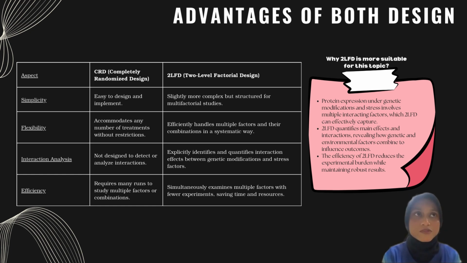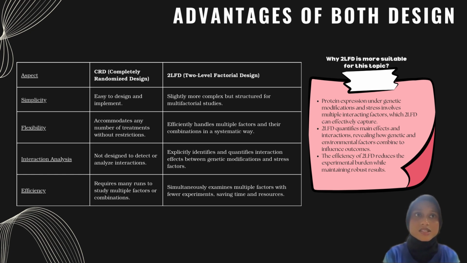But why is 2LFD more suitable for this topic? It is because protein expression under the genetic modification and stress involves multiple interacting factors, which 2LFD can effectively capture. As you know, 2LFD can be used for manufacturing studies.